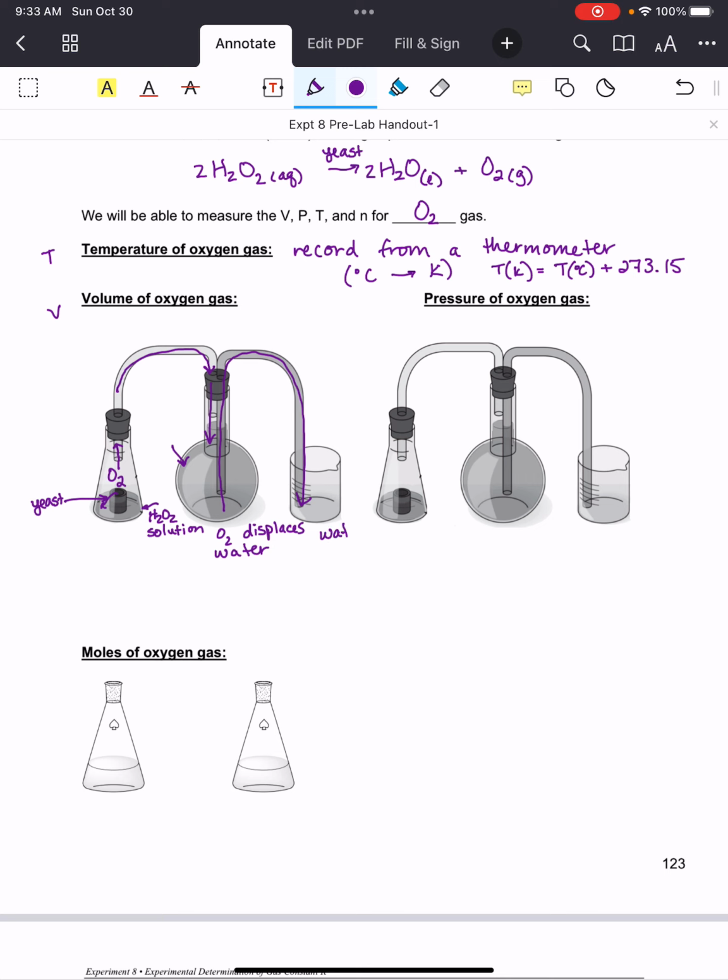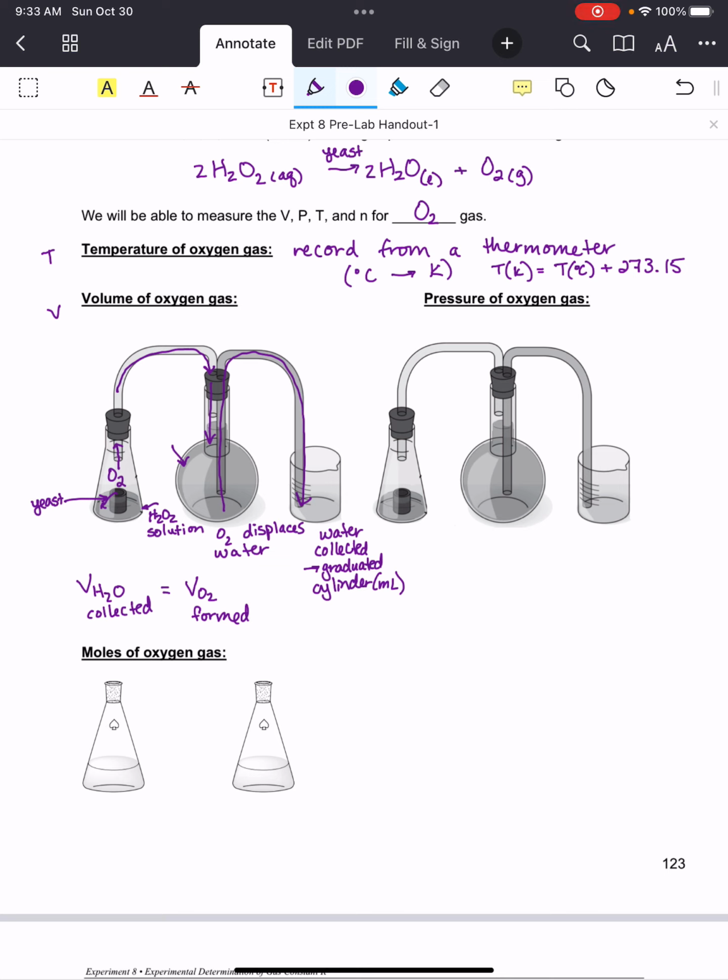This is where the water is collected, and we will measure this volume in a graduated cylinder, in milliliters. The volume of water that's collected is going to be equal to the volume of oxygen that is formed in the reaction.